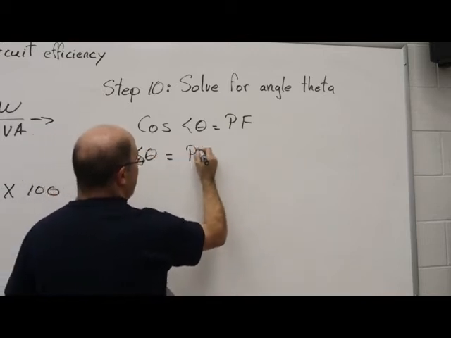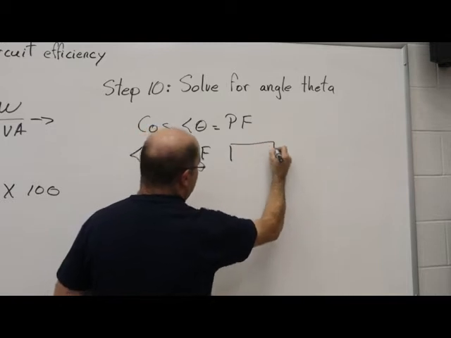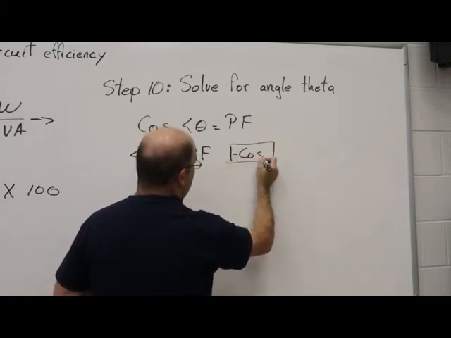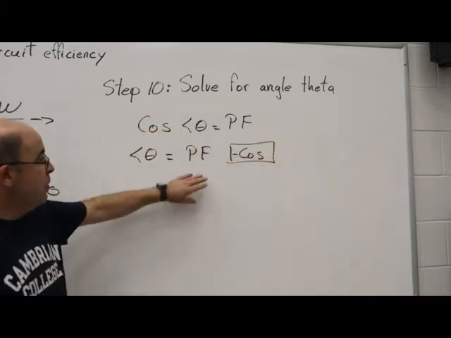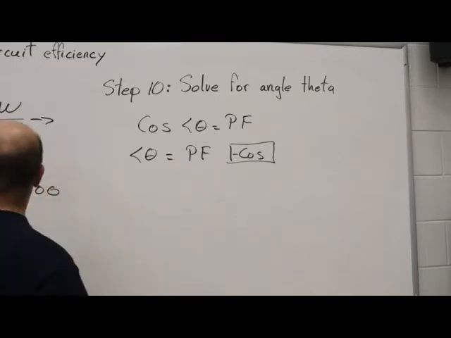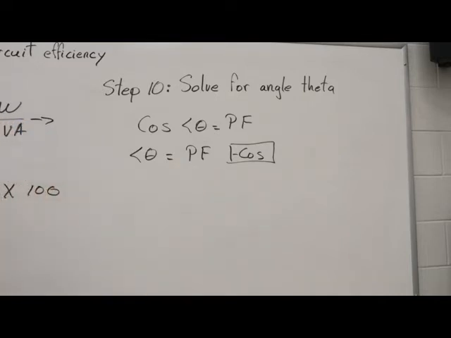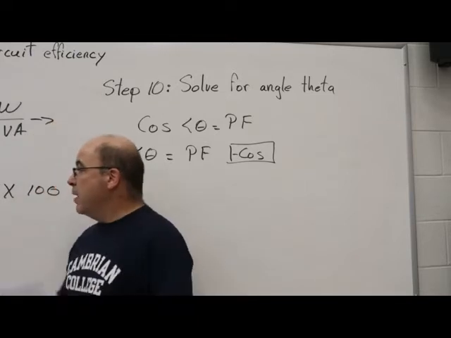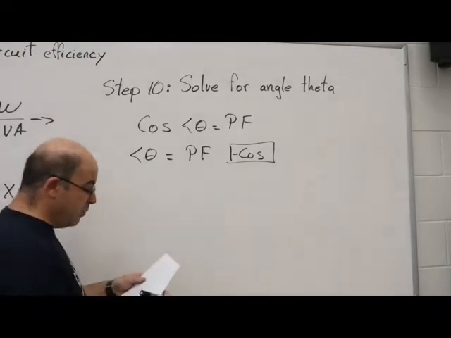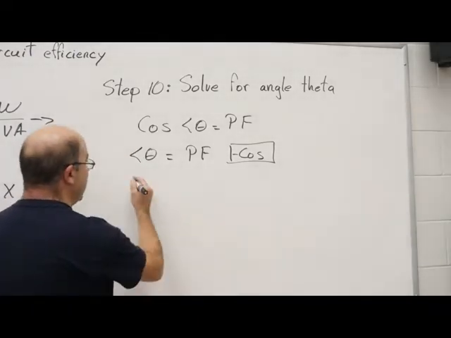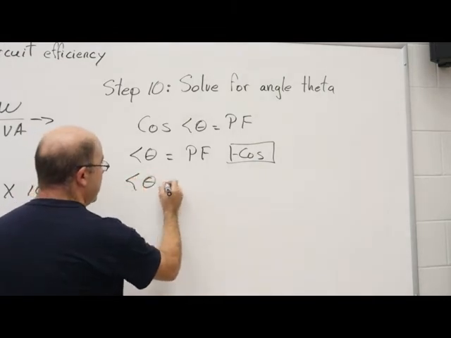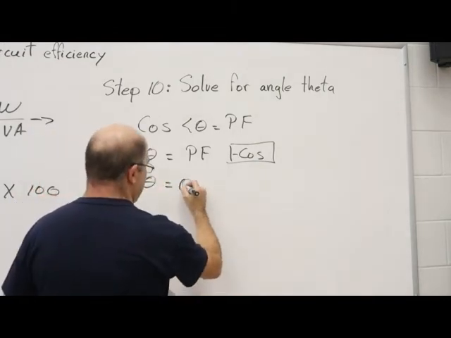It's equal to your power factor, and then we would put down negative cosine. So we're just going to use the decimal value, which, sorry, it's out of frame. But we're going to use the decimals that we had in the calculator. So angle theta is equal to 0.860279932.